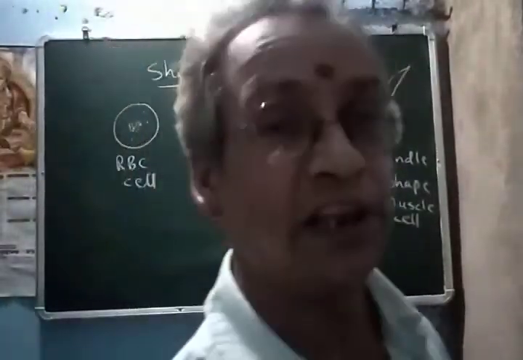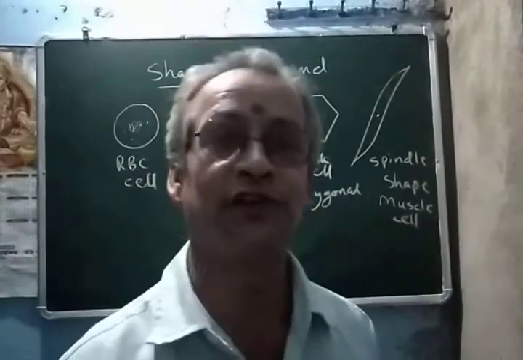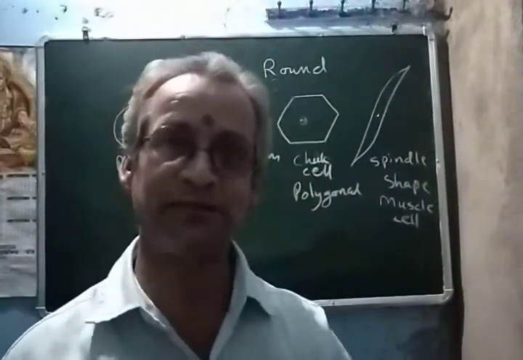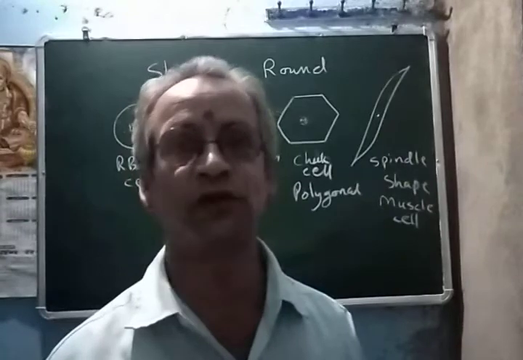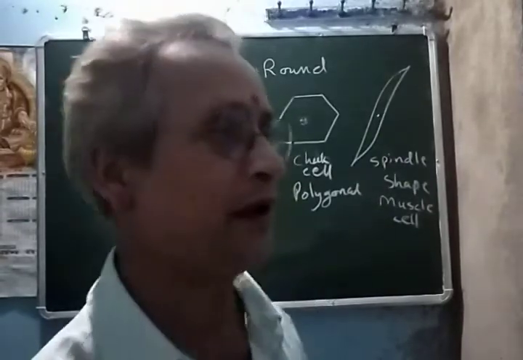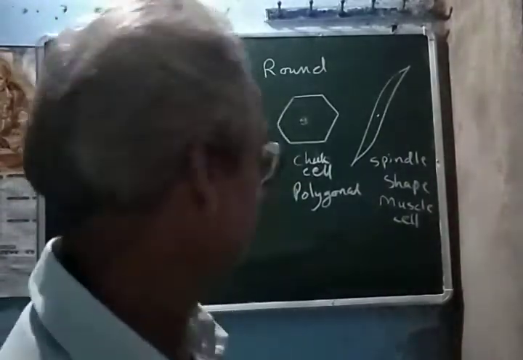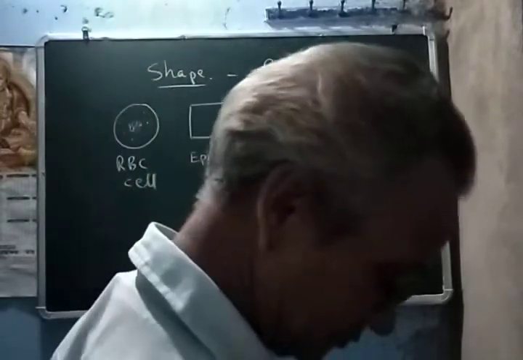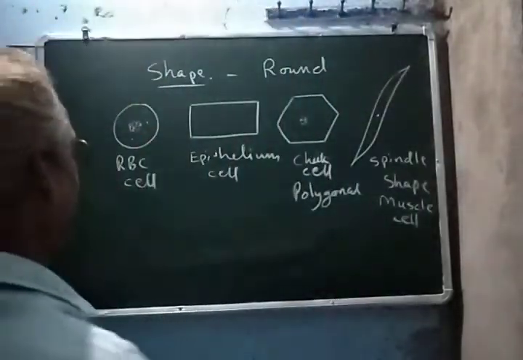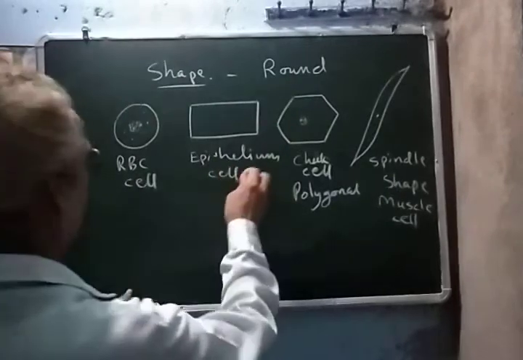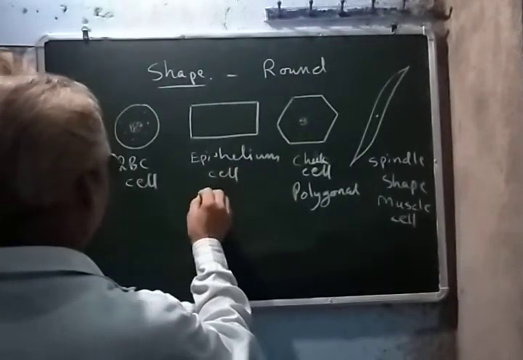And some cells are of special types of shape, such as a nerve cell.